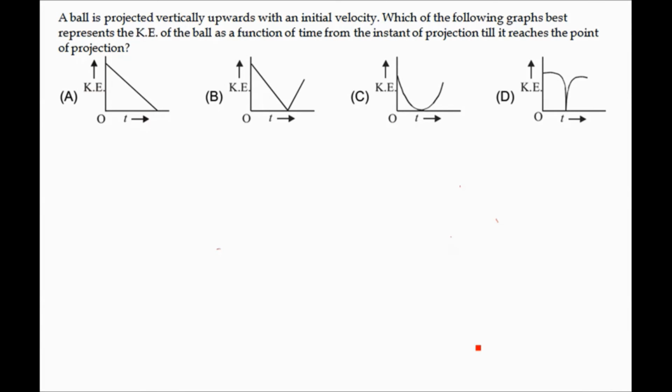This is the last problem of our kinetic energy section. A ball is projected vertically upward with initial velocity. Which of the following graphs best represents the kinetic energy of the ball as a function of time from the instant of projection till it reaches the point of projection? If a ball is thrown vertically upward with some initial velocity u, then it reaches up to a certain height h, stops there, and then falls downward, reaching the point of projection in time t0.